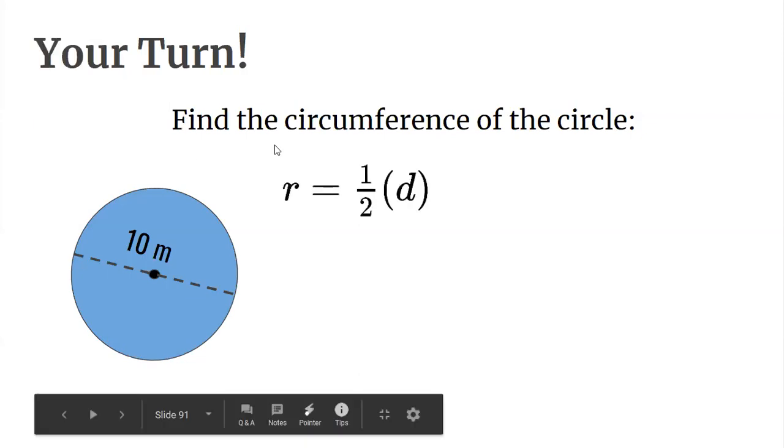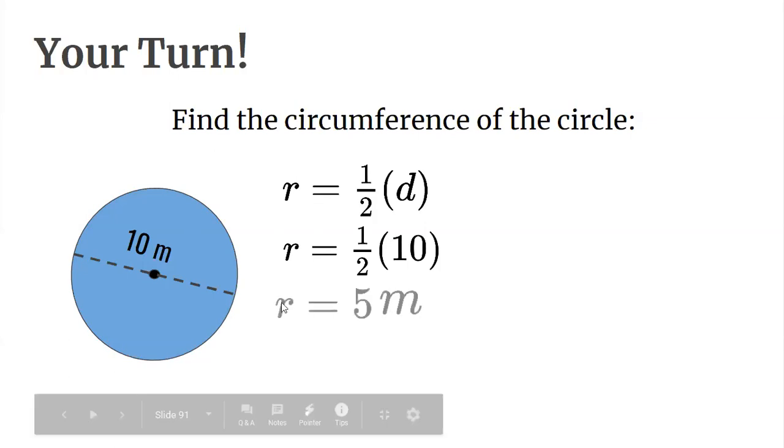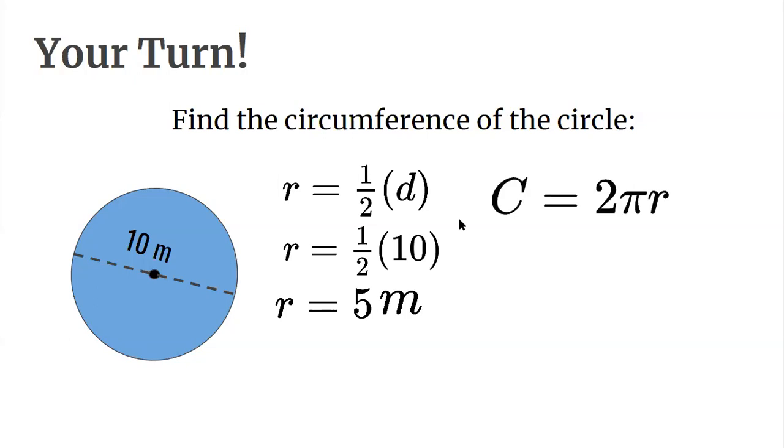So first, we find the radius. 10 right here is the diameter. Just multiply the diameter by 1/2, and you find the radius. Plug in 10, and you get 1/2 times 10. The radius should equal 5 meters. For the circumference, once you have the radius, just plug it in to the formula.